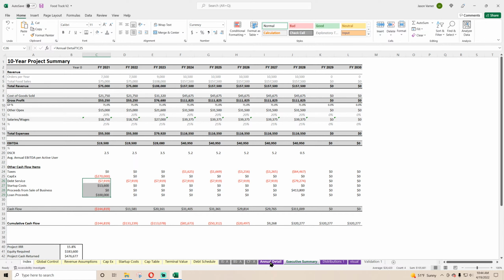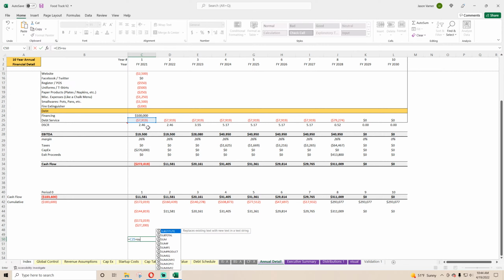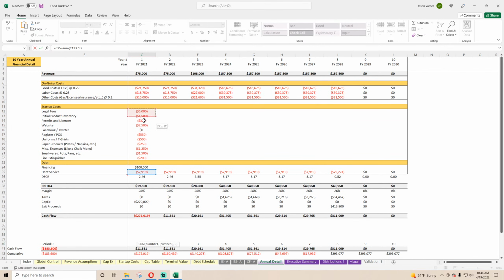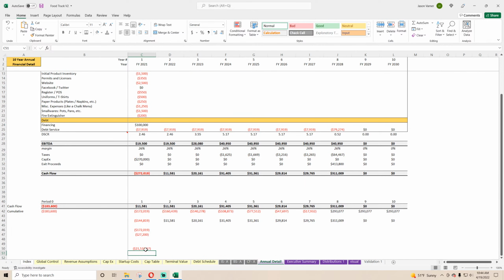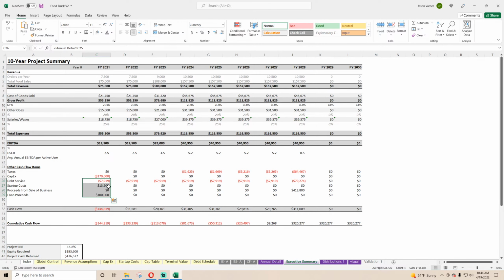Debt service, startup costs plus loan proceeds, 78,480. This is 105. What am I missing? Startup costs. This needs to be negative. Good catch.